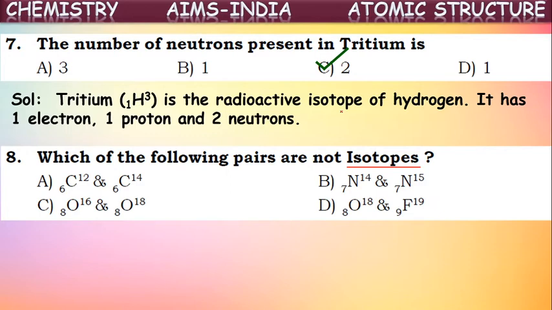These 3 are called isotopes. What is common in them? They all belong to the same element. That means they have the same atomic number but they differ in mass number. So atoms which have the same atomic number but different mass numbers are called isotopes.